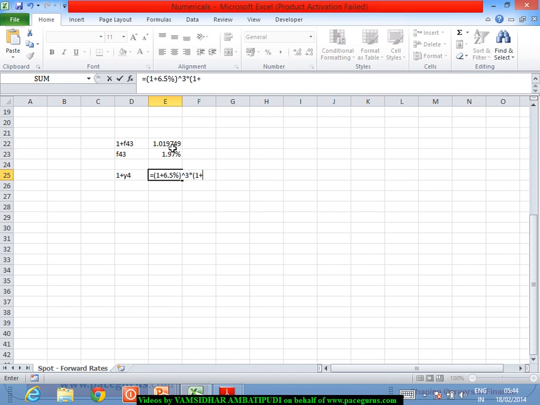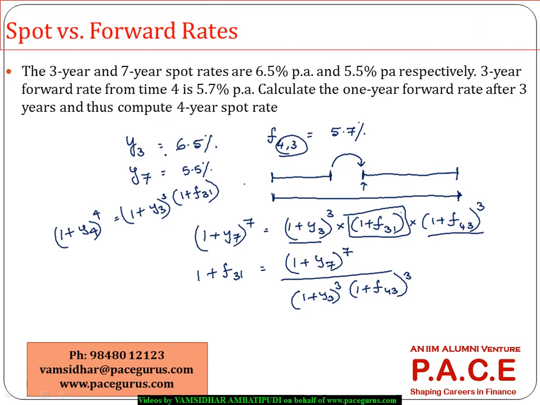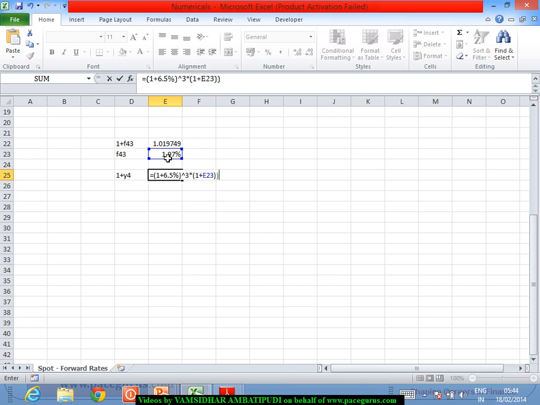Oh sorry, this is 1 plus f31 itself, right? So I'll take this as 1 plus y3 cube, 1 plus f31. This entire thing I have to raise to the power 1 by 4.